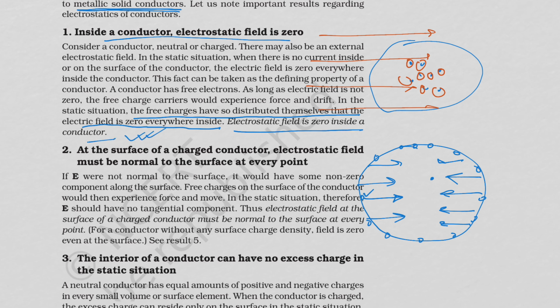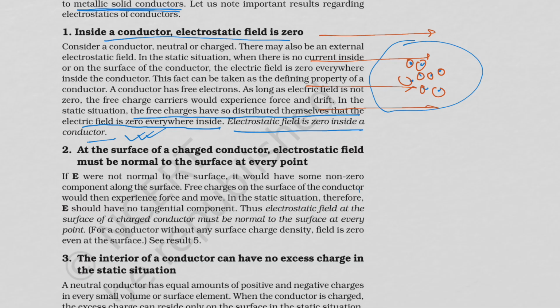This is the result. Let's move to the second result, which says that at the surface of a charged conductor, the electrostatic field must be normal to the surface at every point.